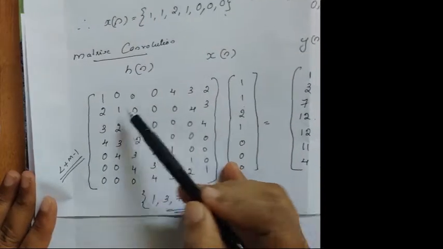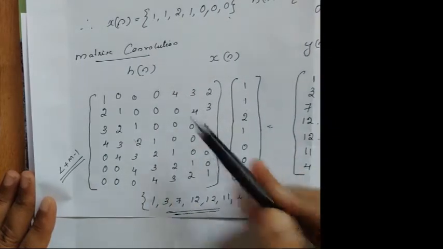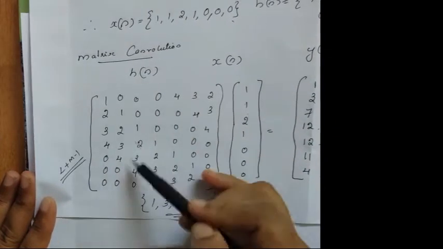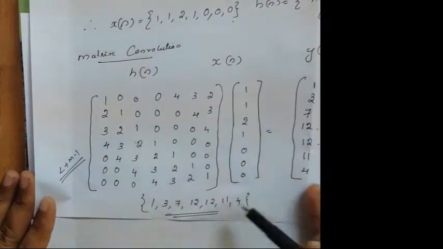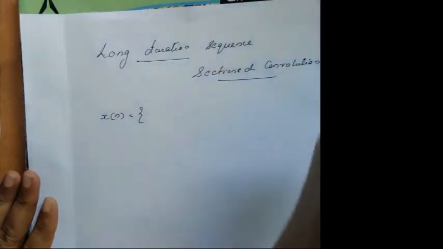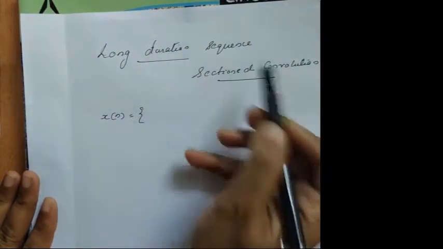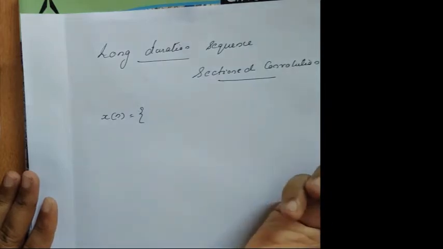As it was a 0 over here, we could do it a little bit easier, but if it's a data bit over here, we have to do the matrix, so it will be time consuming. So in order to reduce that, we are going for a long duration sequence or section convolution.